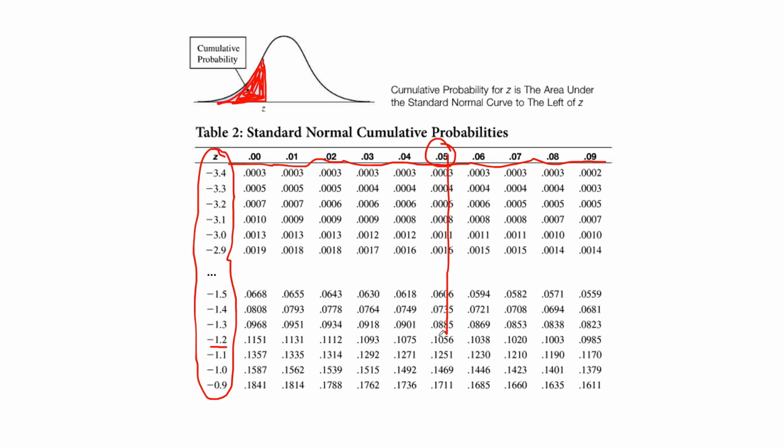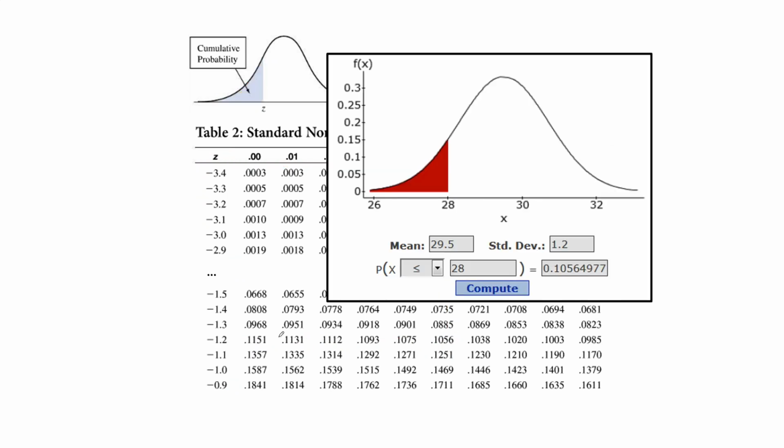So there's the column, and here's the row, and they meet here at 0.1056. So that's telling me that the area from negative 1.25 to the left is going to be 0.1056. And that's what the calculator gives me in StatCrunch as well.